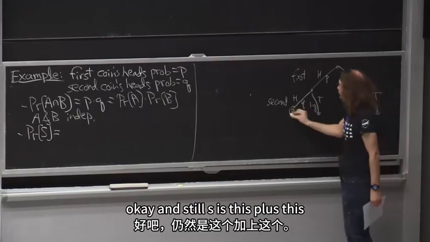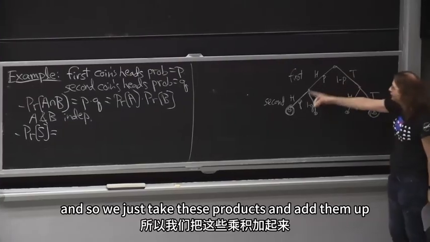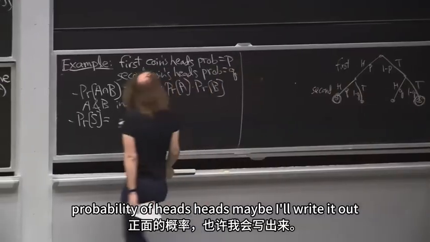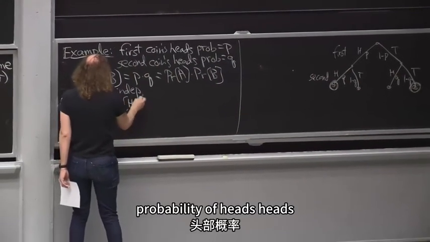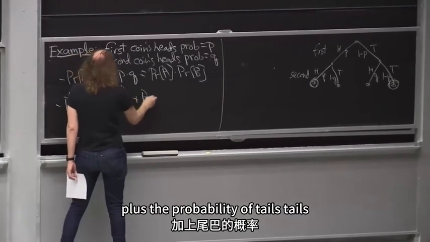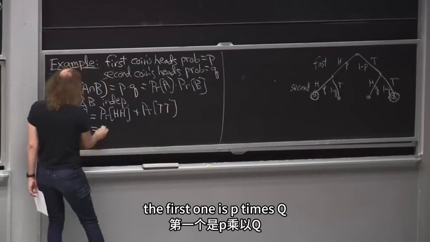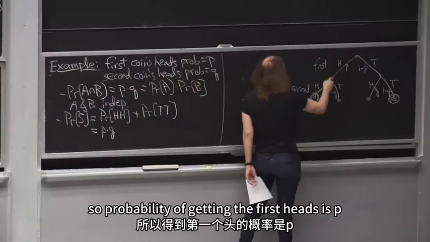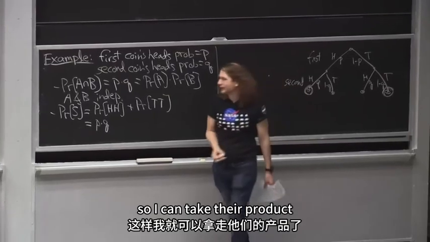OK, and still S is this plus this. And so we just take these products and add them up. So the probability of S, probability of heads, maybe I'll write it out. Probability of heads plus the probability of tails. The first one is P times Q. So the probability of getting the first heads is P. The probability of getting the second heads is Q. And by assumption, these are independent, so I can take their product.